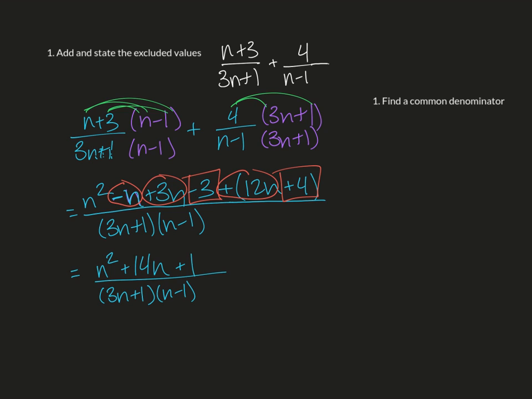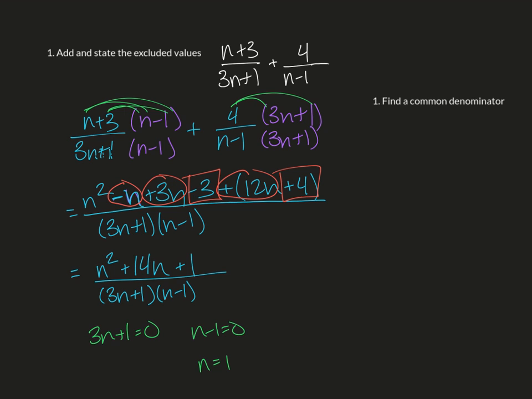But we actually have some issues because if you notice, the denominator can equal 0. So we need to know, well, when does 3n plus 1 equal 0? And when does n minus 1 equal 0? Okay. N minus 1 equals 0 is pretty easy, I think, at n equals 1. The other one has a little bit more steps.